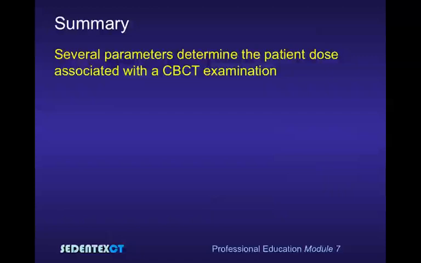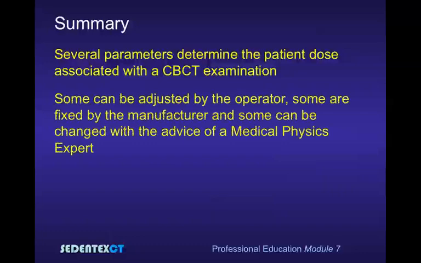So if we summarize patient protection, there are several parameters that determine the patient dose associated with a cone beam CT examination. Some of these can be adjusted by the operator, such as kilovoltage, milliamperage, and perhaps exposure time.